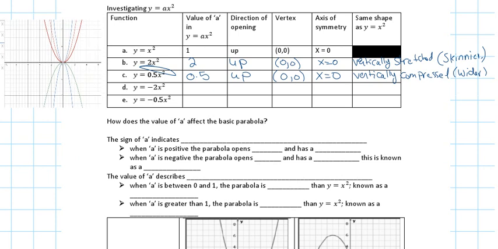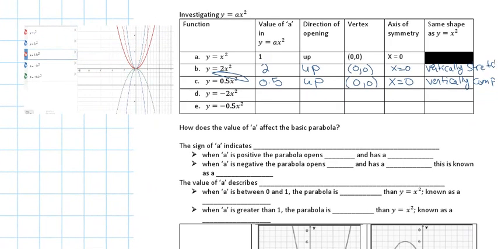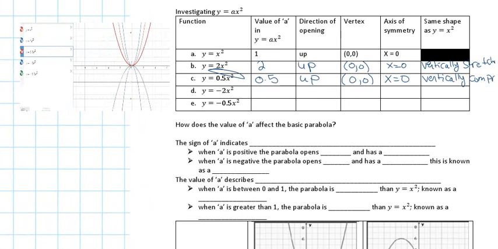Okay, so if I'm going to write this down, what would I write? What's my A value? Negative 2. Which way does it open? Vertex. Axis of symmetry. And it's reflected and vertical stretch.